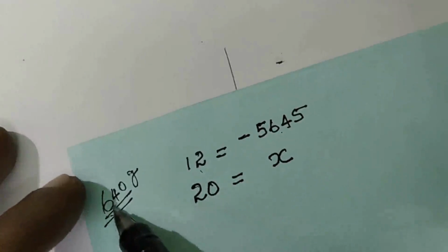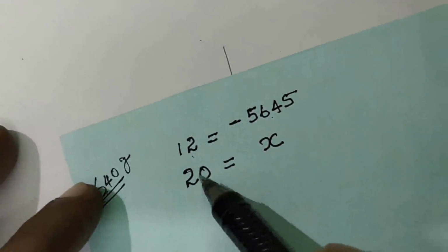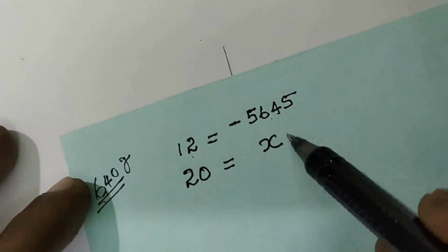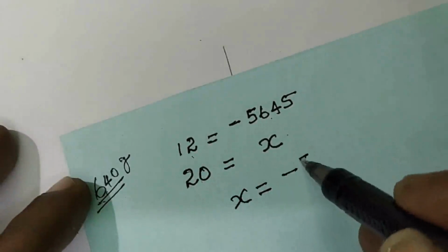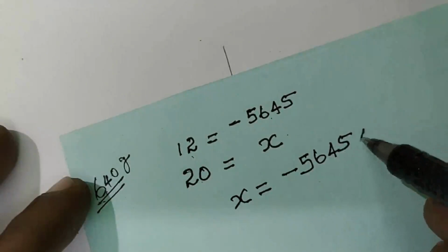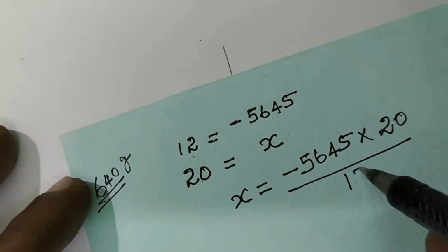In the 640 gram given, there are 20 moles of oxygen. So for 20 moles of oxygen, how much heat is liberated? X is equal to minus 5645 into 20 divided by 12.